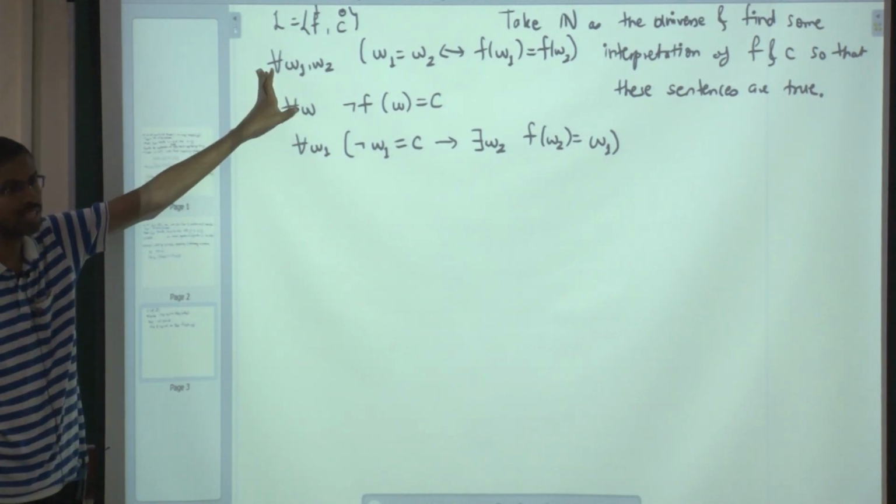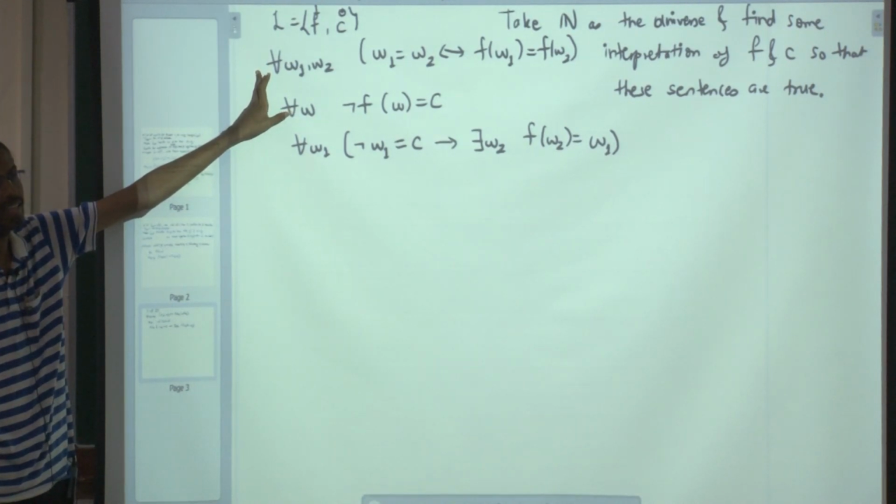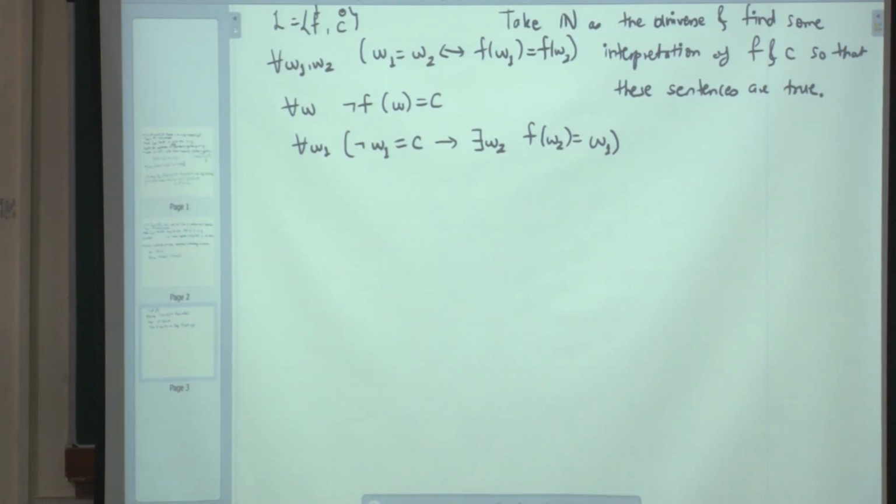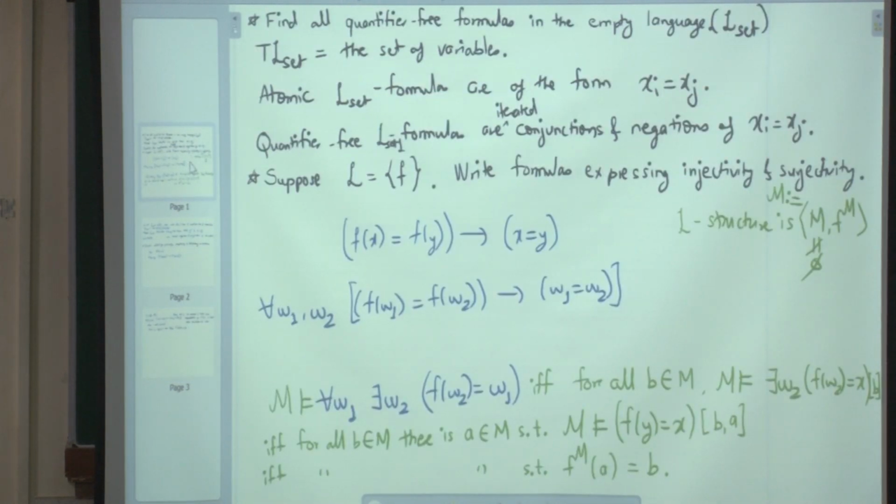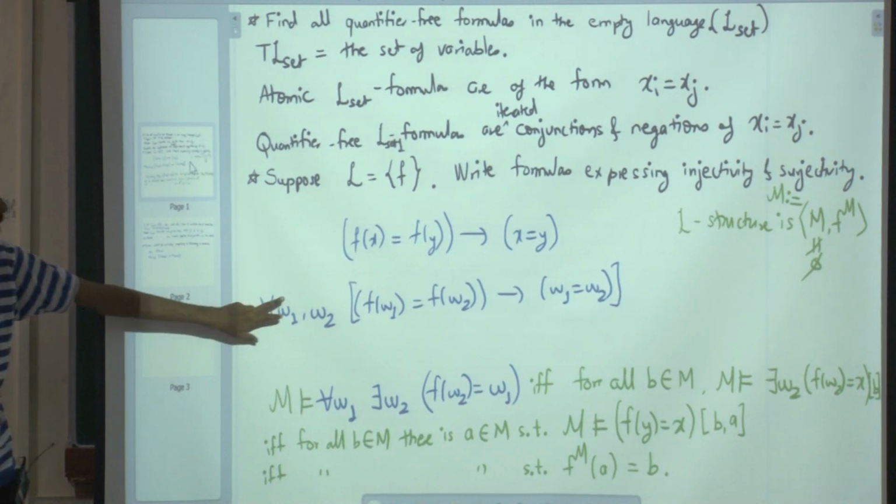What does the first one say? Injectivity. I mean, you already expressed injectivity on the first slide. Let me go back there. You said fx equal to fy implies x is equal to y. So how is this one, for all w1, w2, this one?